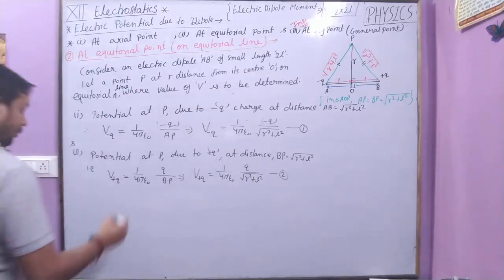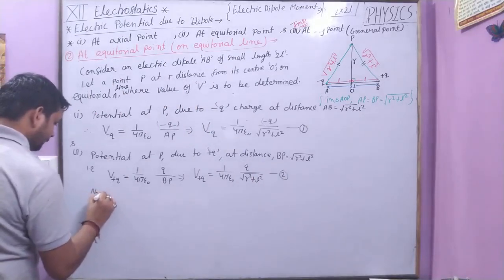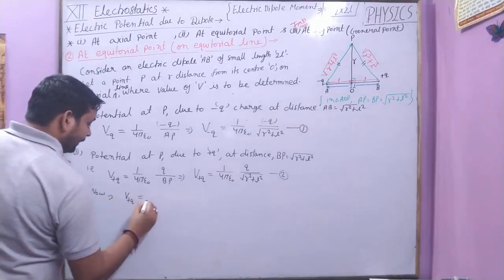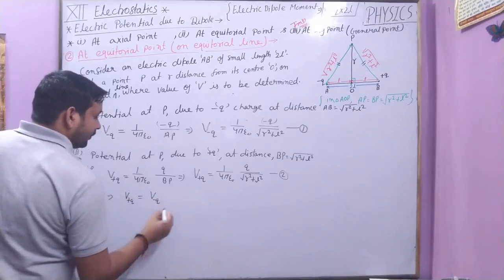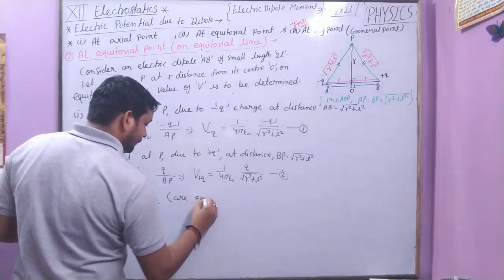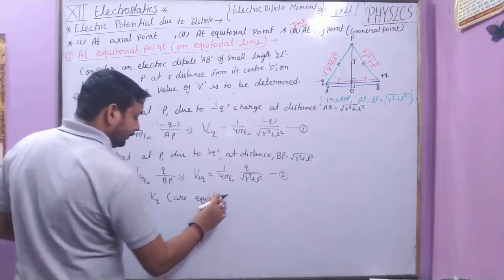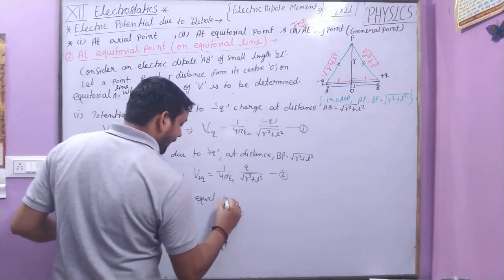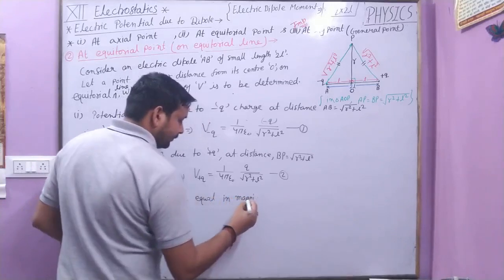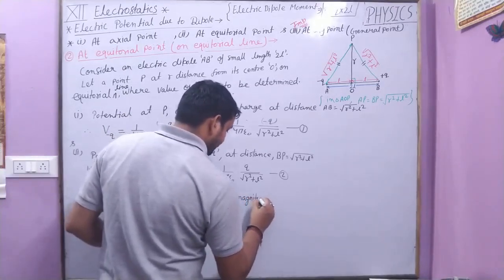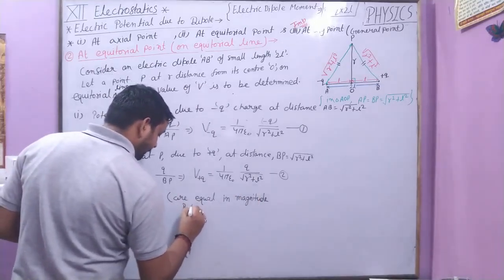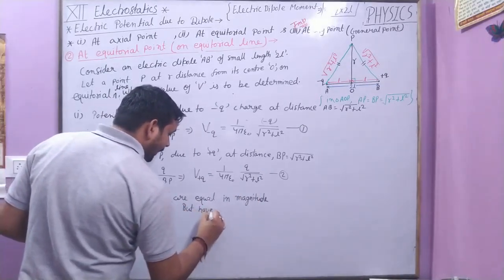Now V due to plus Q and V due to minus Q are equal in magnitude but have opposite sign.